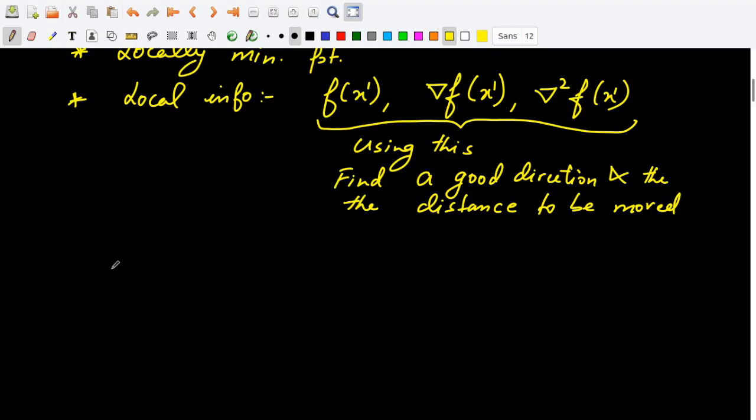So if my current point is x1, then the new point would be x1 plus alpha times s, where alpha is the step length, which is a scalar, and s is the direction.